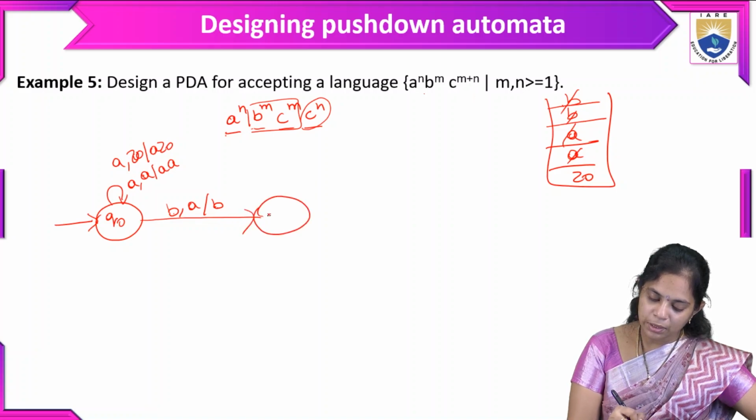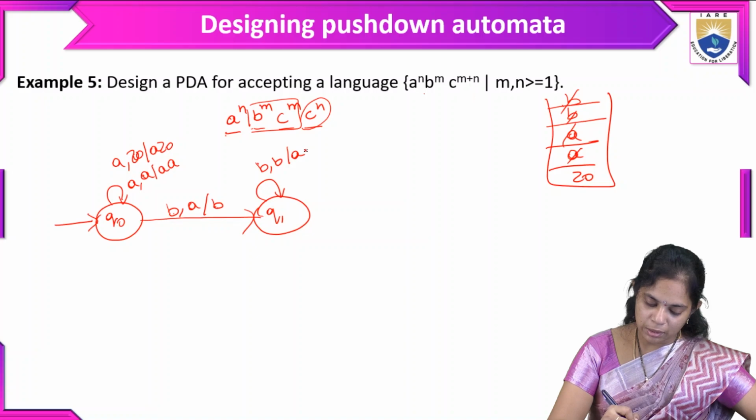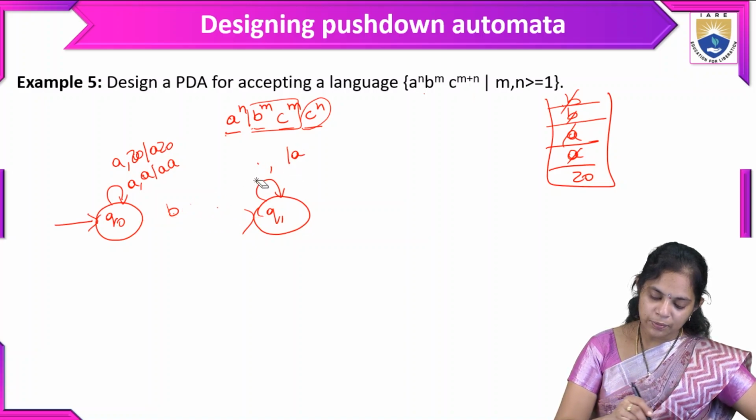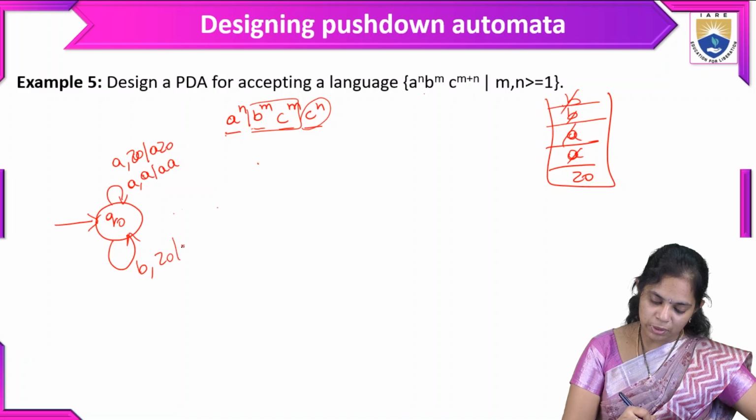And here Q1, and B is there, and for multiple B's we need to write like this: B and A. From this same state we need to write like this. So B, top of the stack symbol is Z0, and we need to write B Z0, and B.